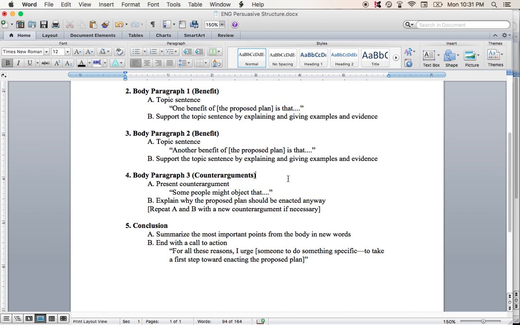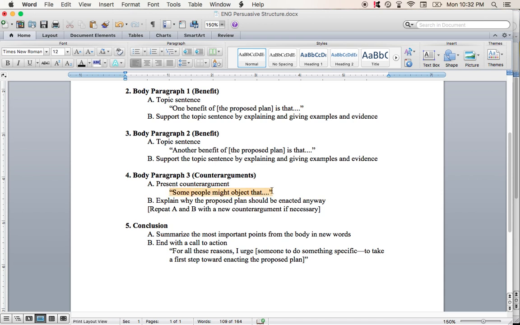If your organization or your town or your workplace isn't already doing this, maybe there are some reasons why they haven't done it. Maybe people think it would be too expensive or it would be too difficult, right? So you're going to show that counter argument. You're going to consider it, and then you're going to explain why your plan is a good plan anyway. Your plan is a good plan despite the counter argument, okay?